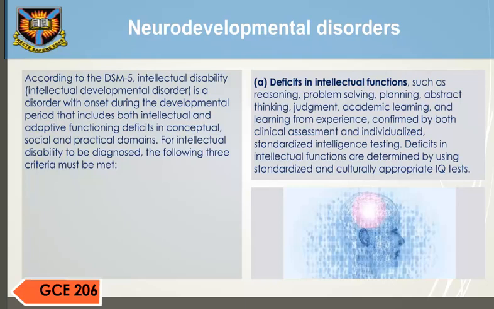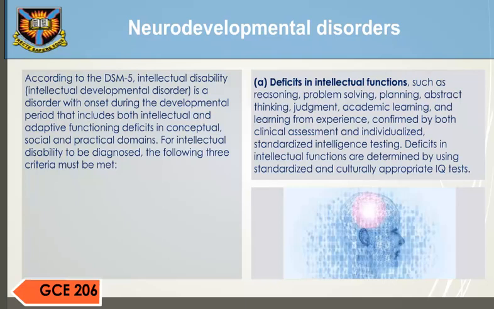For intellectual disability to be diagnosed, the following 3 criteria must be met. A. Deficits in intellectual functions. B. Deficit in adaptive functioning. Then C. Onset of intellectual and adaptive deficits during the developmental period.